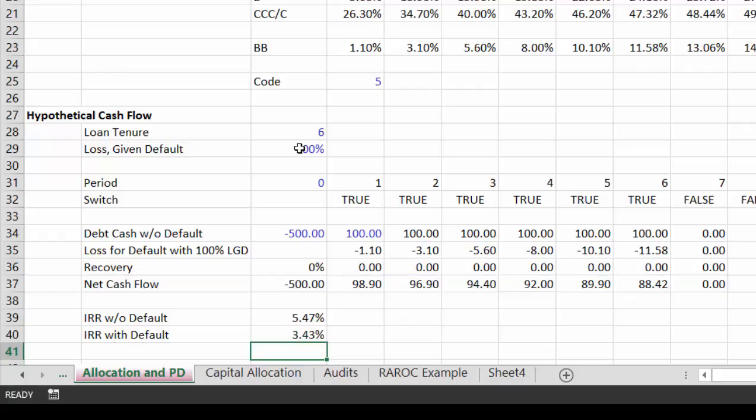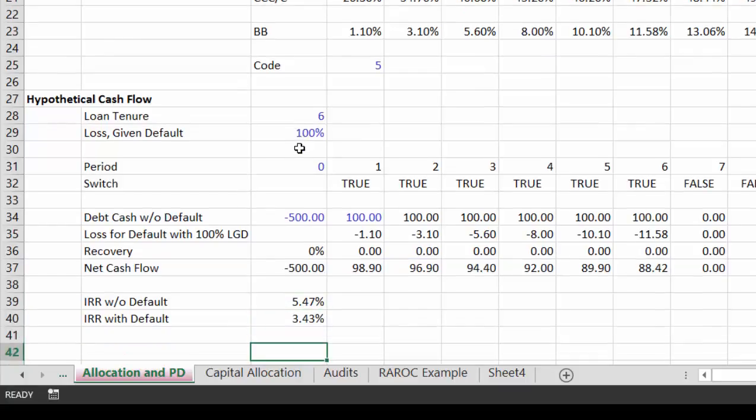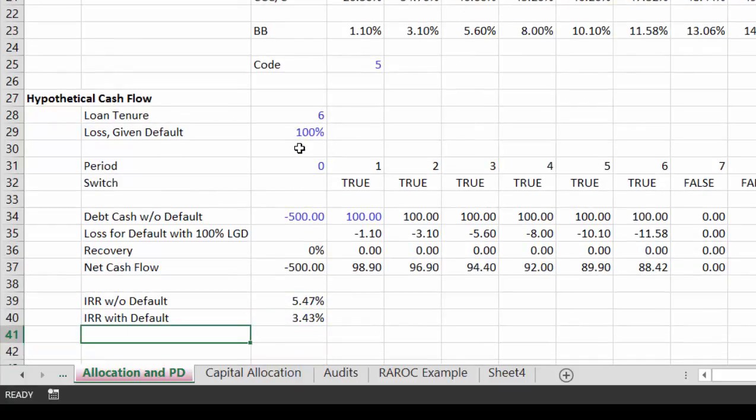And then we can put our minimum required spread. Okay, and that's just the difference. So if we have a double B loan, we need at least a 2.04 credit spread.